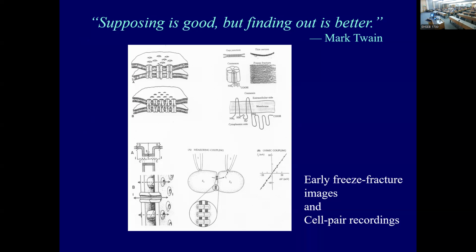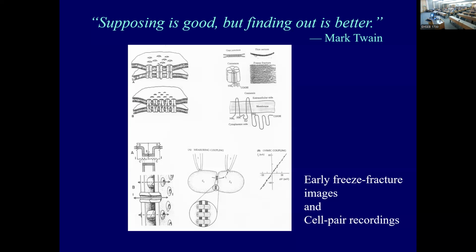So you can see the face of one cell of the intercalated disc. It became clear that gap junctions are channels. There are half channels contributed by each cell. They come together, okay? And then molecularly, we know now that there are connexins, connexin 43, and all of that. But of course, this is what was known early on.